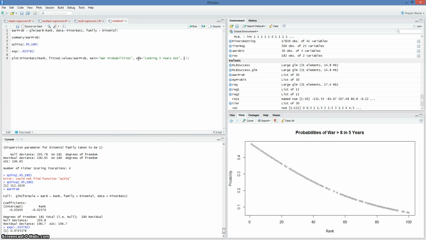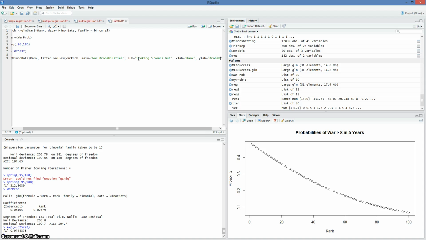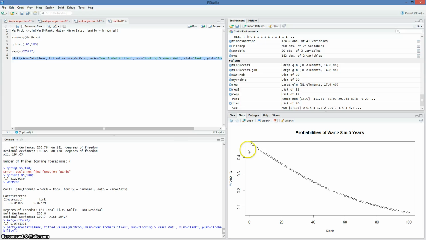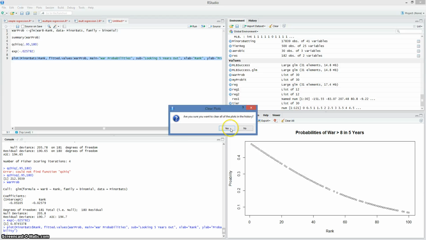And then we need an axis label for the x-axis. This is going to be rank. I'll make a y-axis label, and this will be probability. And barring any catastrophic typos, we should have a decent plot. I'm going to clear this.